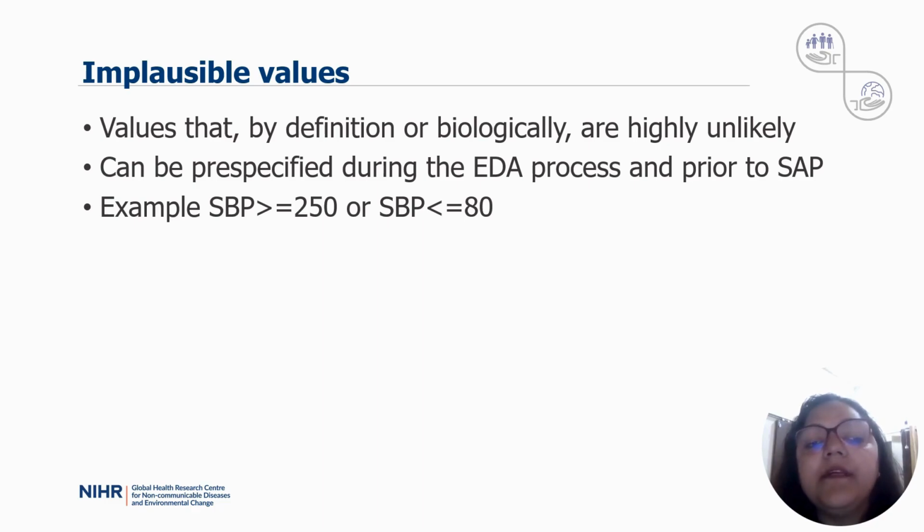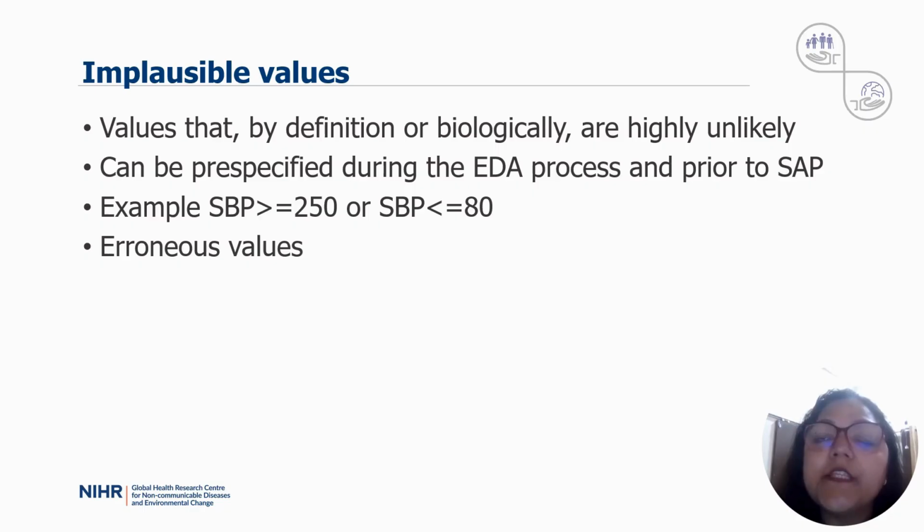For example, in a hypertension study, we may specify that if we observe a systolic blood pressure value of greater than or equal to 250 or less than or equal to 80, we might consider them as implausible to occur in our target population of interest.